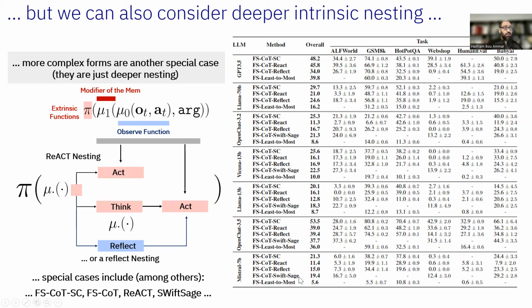And then again here, we show you that we have run all those on those different tasks. But what is super cool now is that you are able to write these things in the literature as special case nestings of our structured reasoning or intrinsic function pipeline.